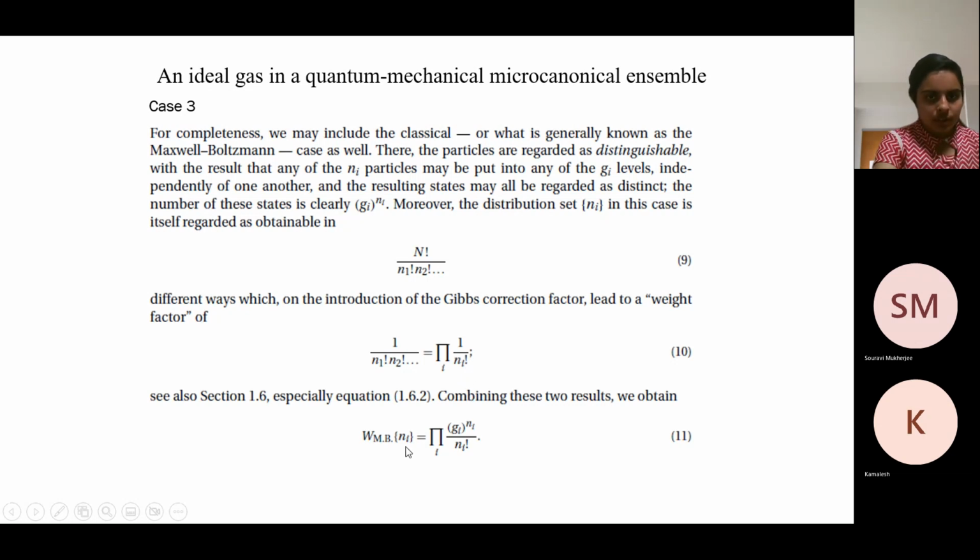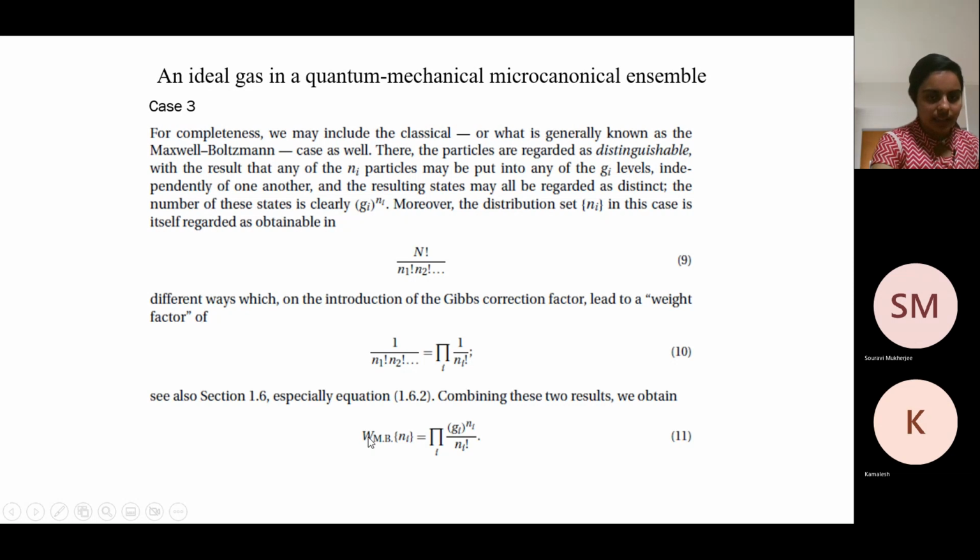Now in one particular cell, you have Ni particles, and these Ni particles can be put into any of the Gi levels. So Wi would be Gi to the power Ni.